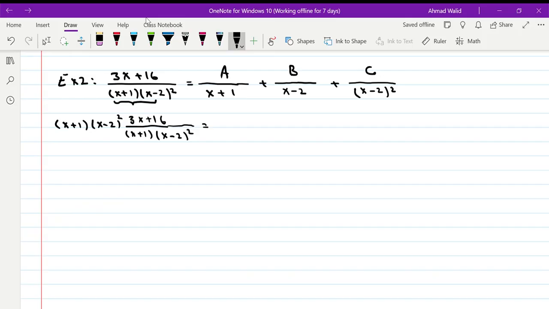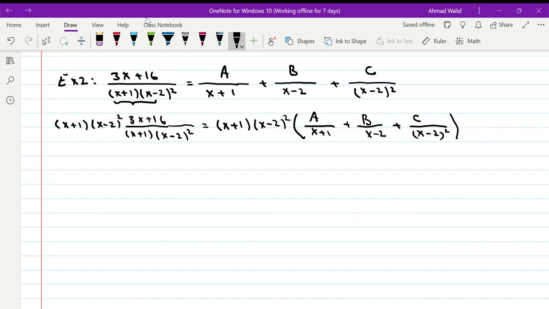Let me do this time this way. You may go this way. x plus 1 times x minus 2 squared times A over x plus 1 plus B over x minus 2. But be careful if you go this way to not make a mistake. Plus C over x minus 2 squared.